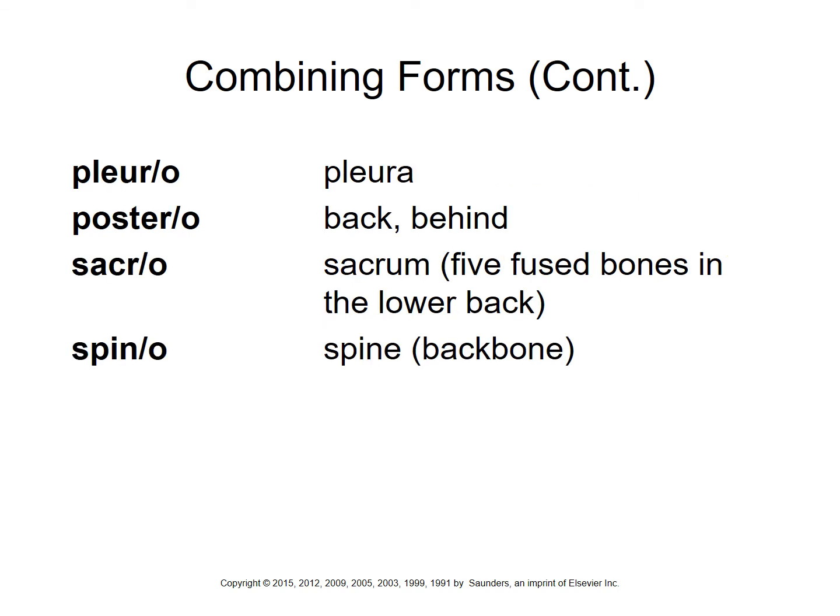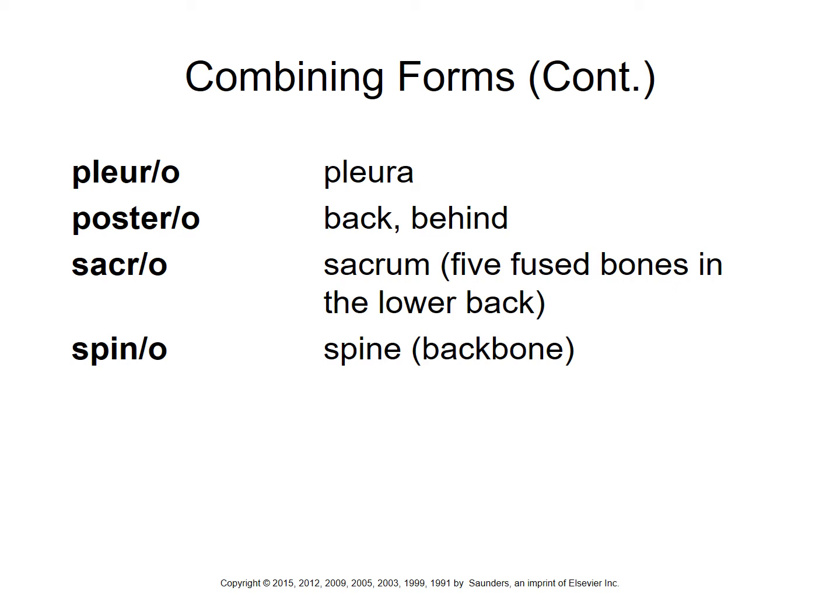Pleuro. Pleuro means pleura. Pleura is a covering of your lungs. We're going to learn soon in procedures class, when we talk about anatomy of the chest, that the lungs have a parietal pleura and a visceral pleura. You've got a pleura that's right against the chest wall, the parietal pleura, and then you've got a pleura that's right on the lungs themselves, which is called the visceral pleura.